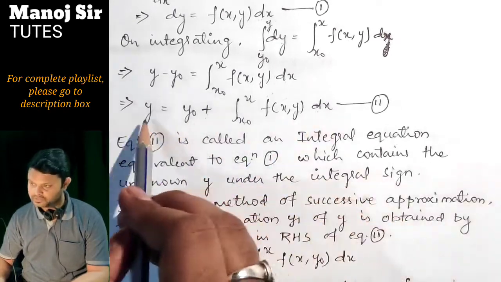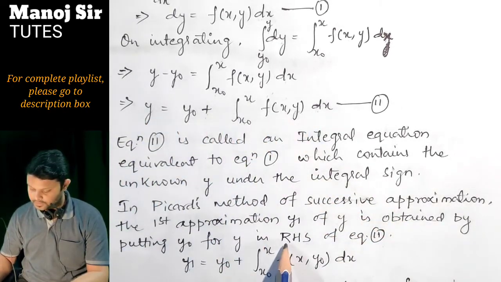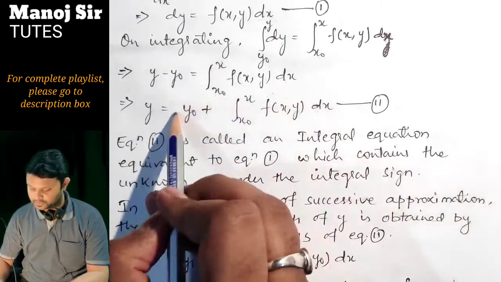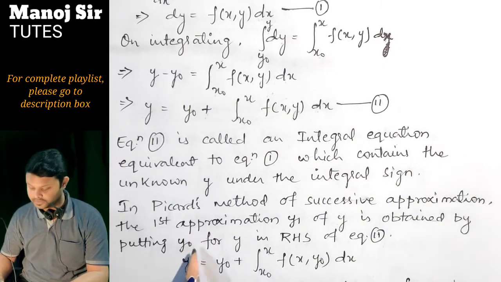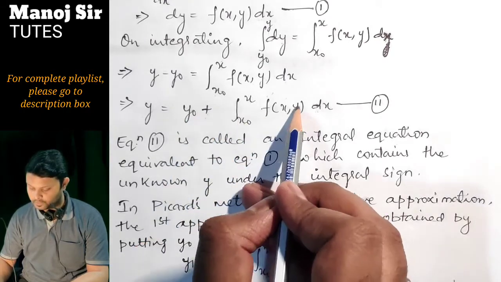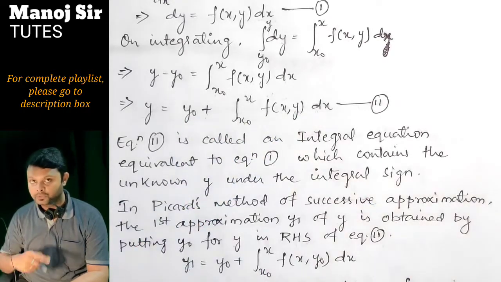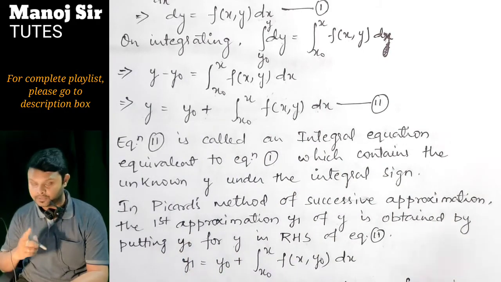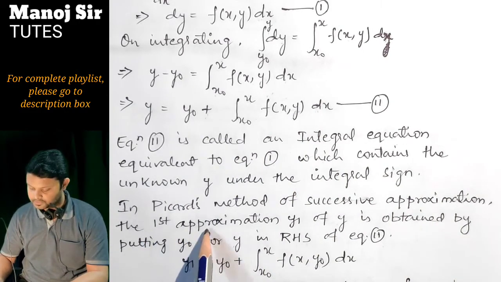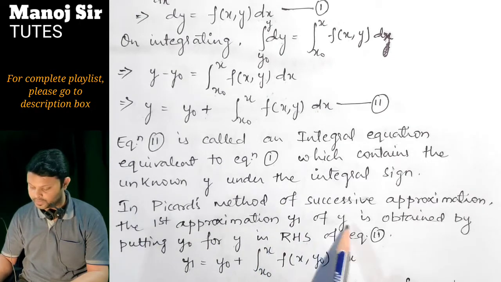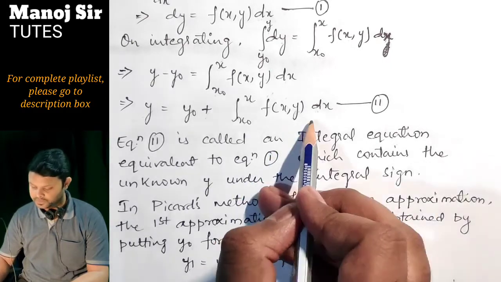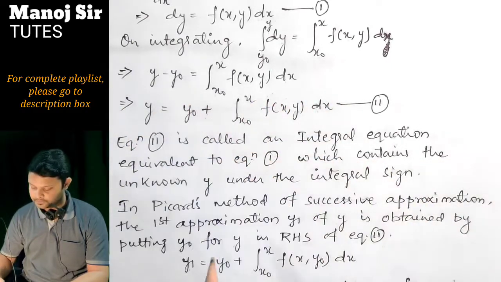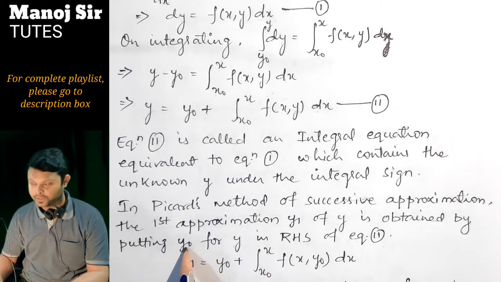I am repeating this once again: the first approximation y1 for y is obtained by putting y naught in place of y in the RHS of equation number 2.